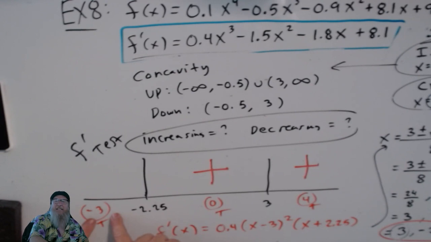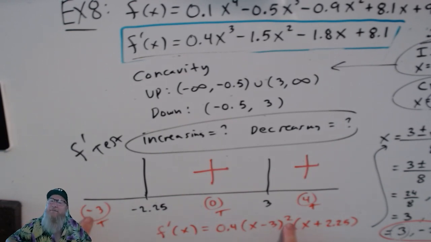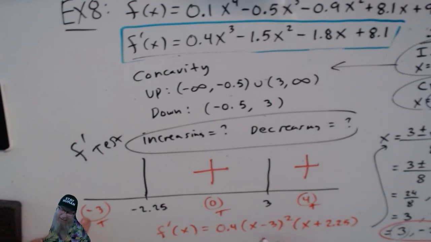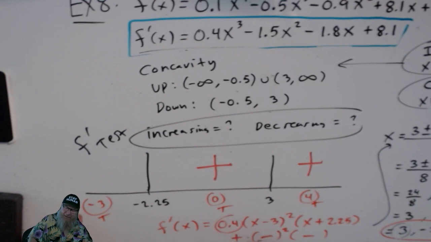Last one down here, negative 3. Again, all I care about is whether it's plus or minus. So negative 3 plus 2.25, that's negative. Negative 3 minus 3, that's negative. But when you square it, it's positive. So if you're keeping track, it's going to be a negative squared, a negative, and then this is positive.